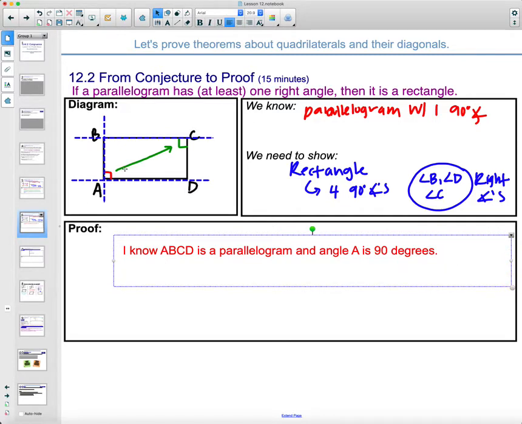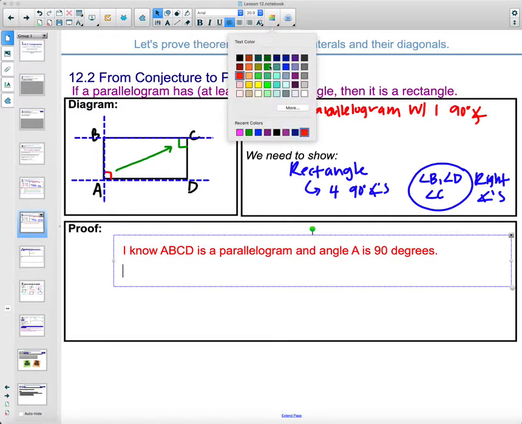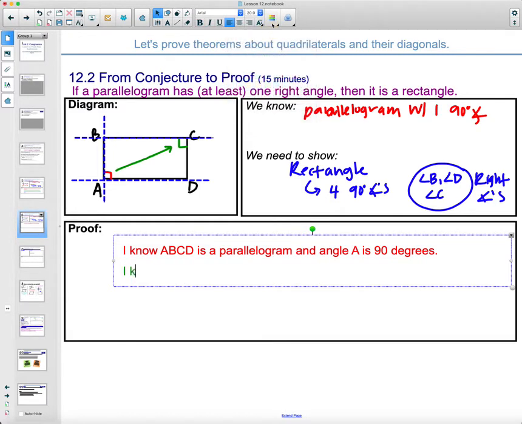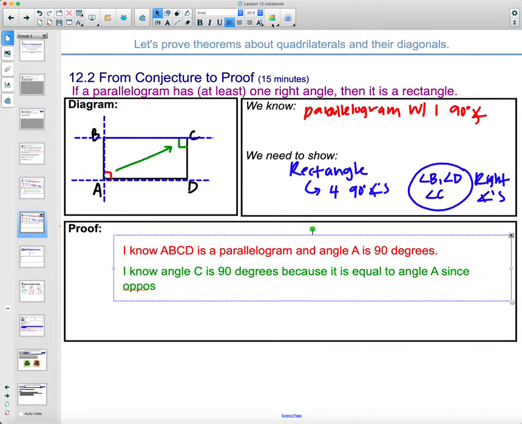Then you could start by saying angle C. I know angle C is 90 degrees because it is equal to angle A, since opposite angles in a parallelogram are congruent.